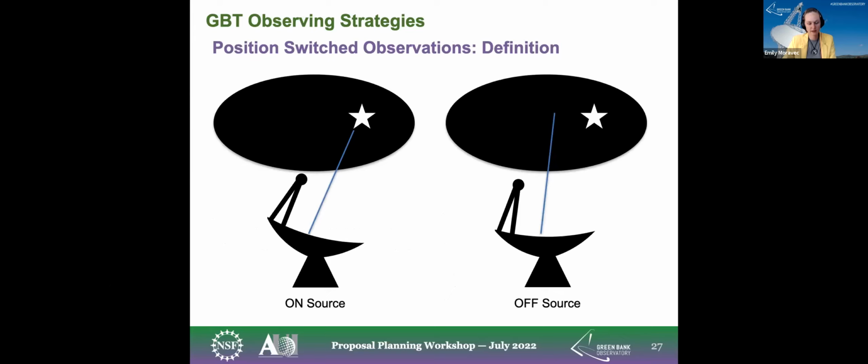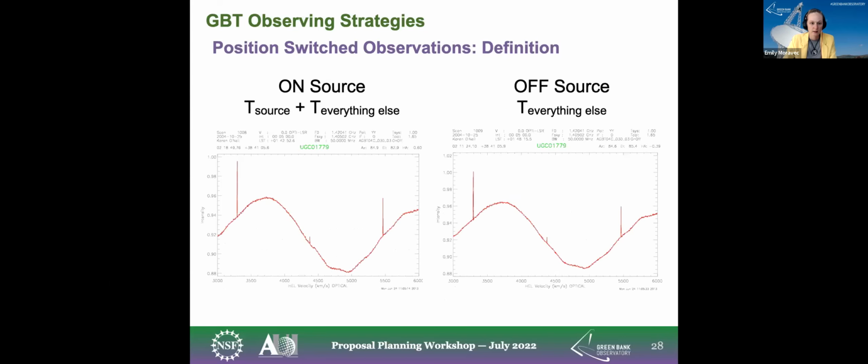And then we have the more intuitive, I think, position switched observations. And this is, as I've made this schematic here, you point at your source, and then you slew the telescope to a different place that is free of emission and use that as your background. And that's what this looks like.